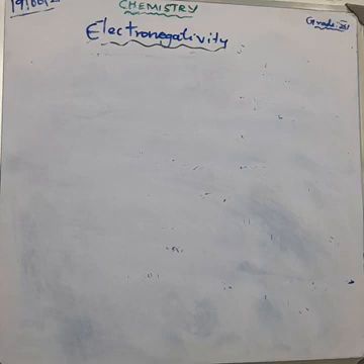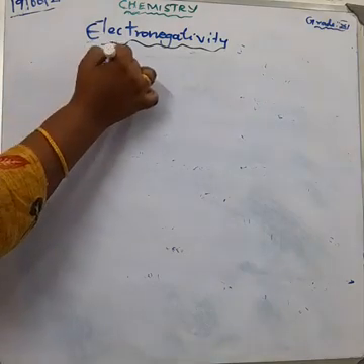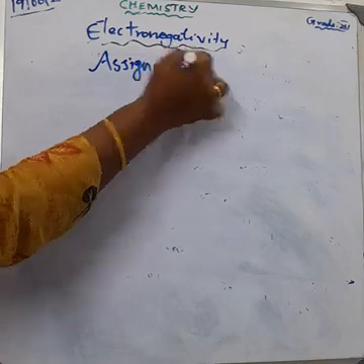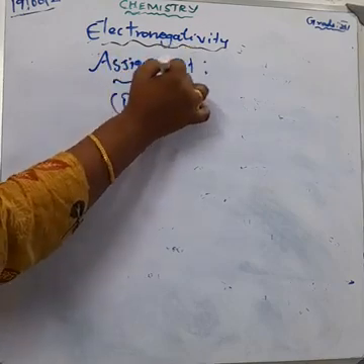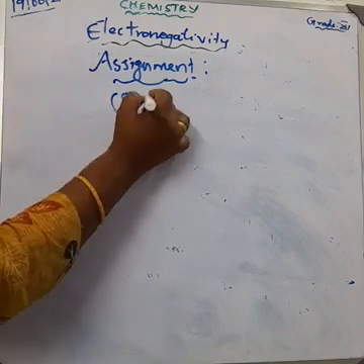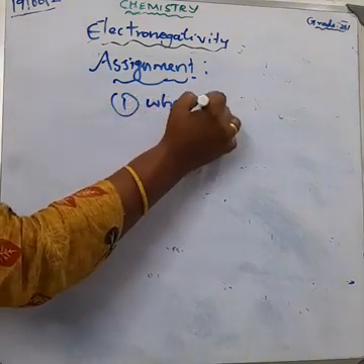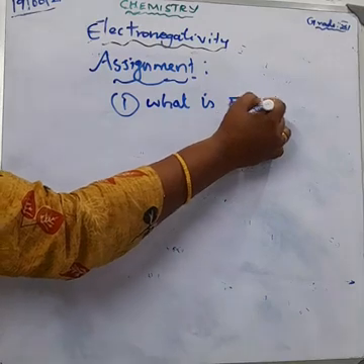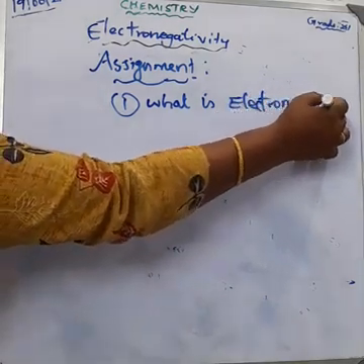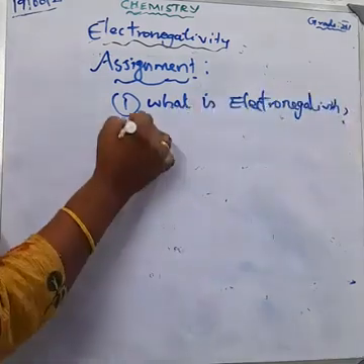So today your assignment: you should study the definitions of all 5 properties. Question number 1, what is electronegativity? Question number 2, electron affinity.